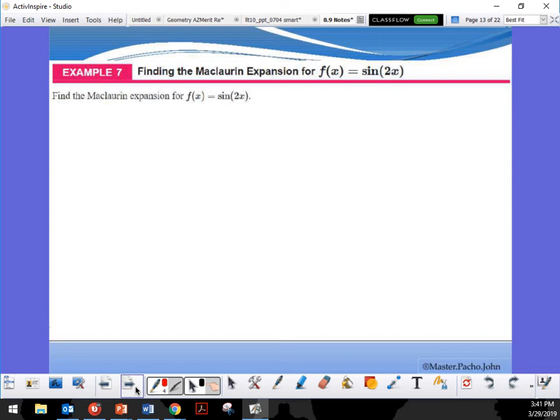Okay. If I already did sin x, what can I do with this instead? It's no longer x. What would it be? Two x? It'd be 2x, wouldn't it?